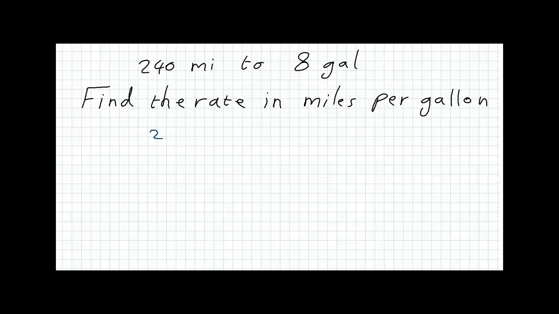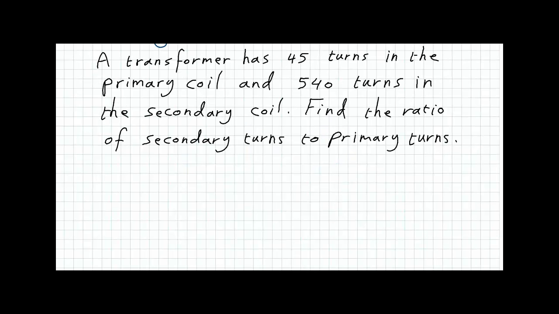So 240 miles is divided by 8 gallons, and this is equal to 30, and you will write after that miles per gallon.